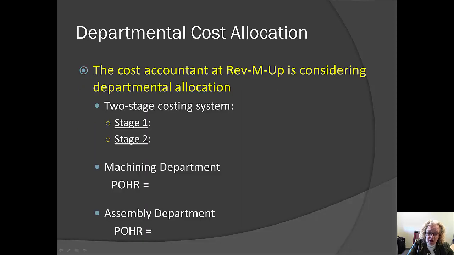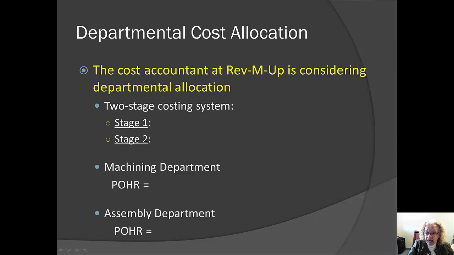However, the cost accountant at RevEm is thinking that maybe a single plant-wide allocation rate is not the best method to answer the question, how much does it cost us to make each of these motors? Instead, the cost accountant is thinking maybe the firm should use departmental cost allocation.